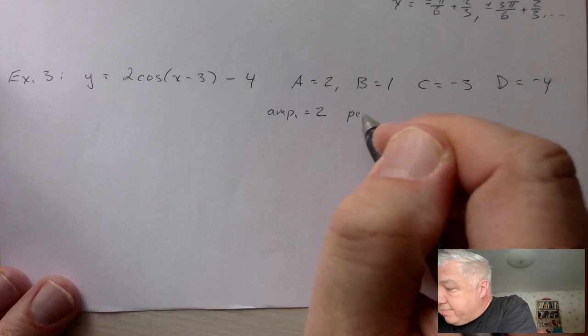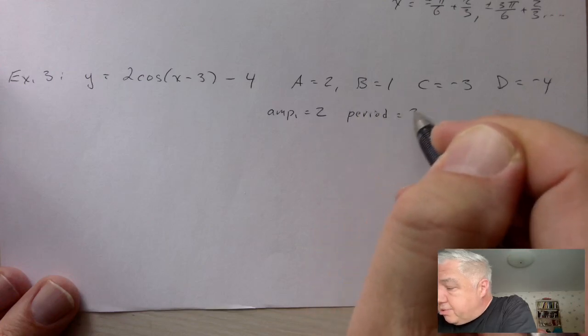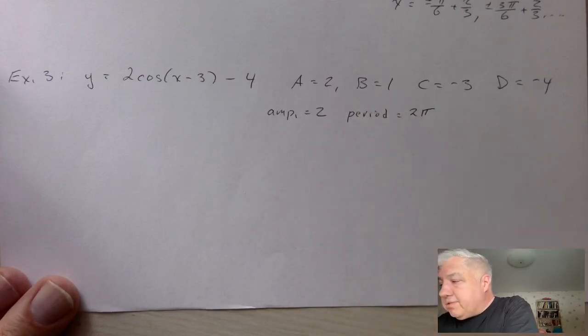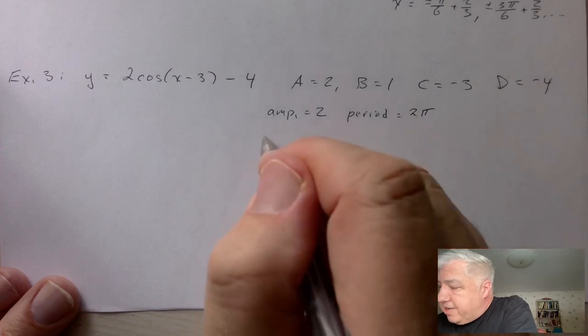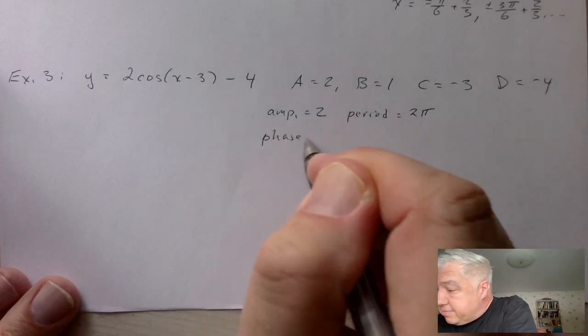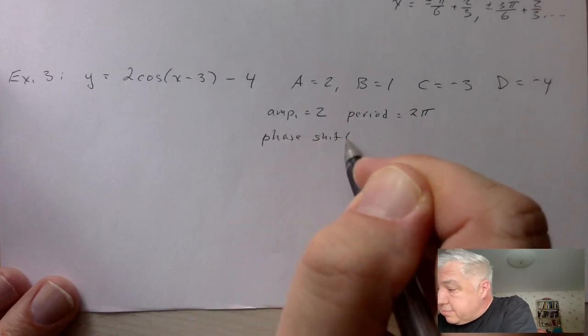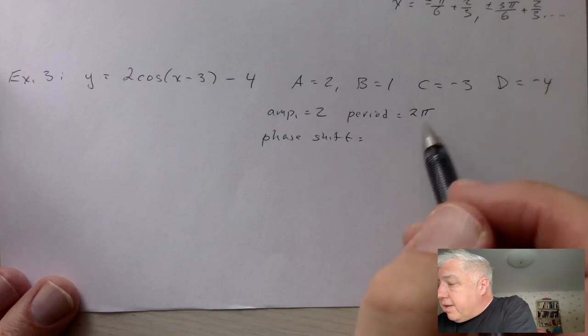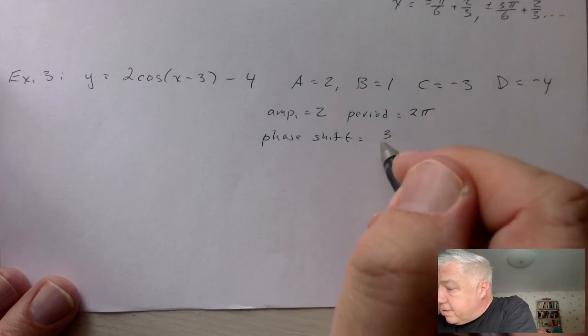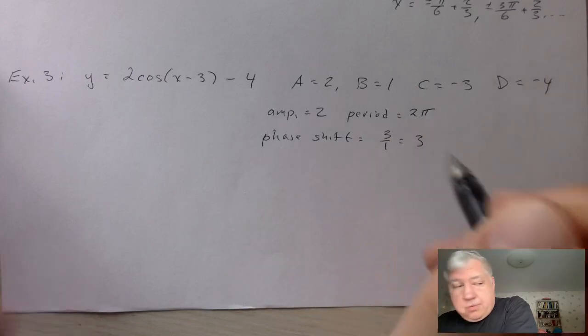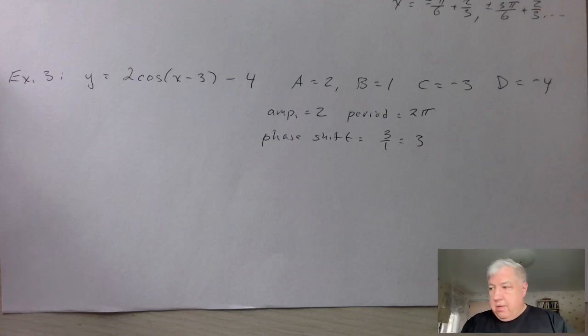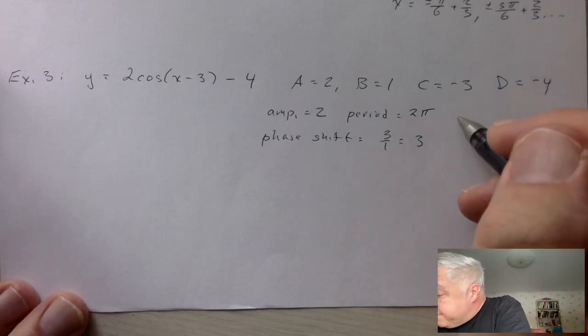The period is 2 pi divided by 1, which is just 2 pi, and the phase shift is 3 over 1, which is just 3. And the vertical shift we can see is -4.